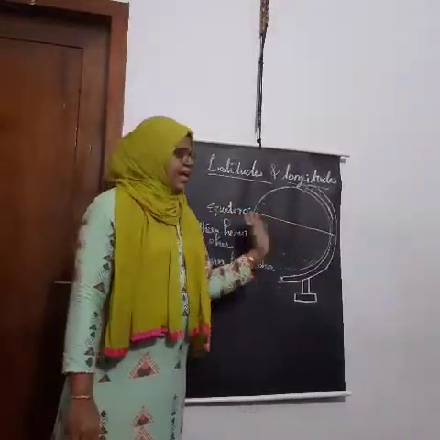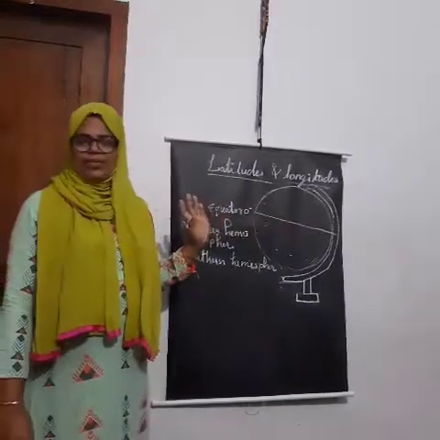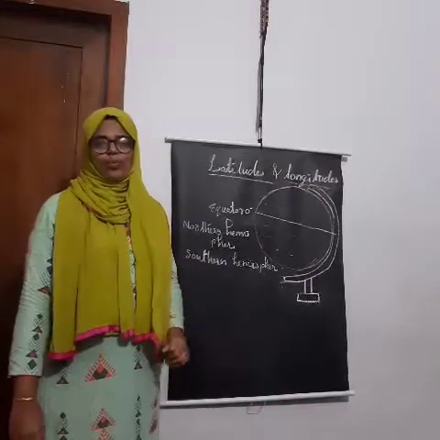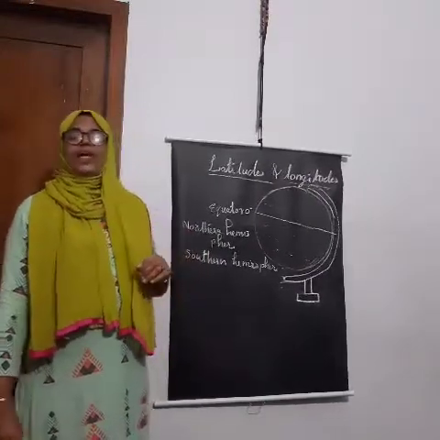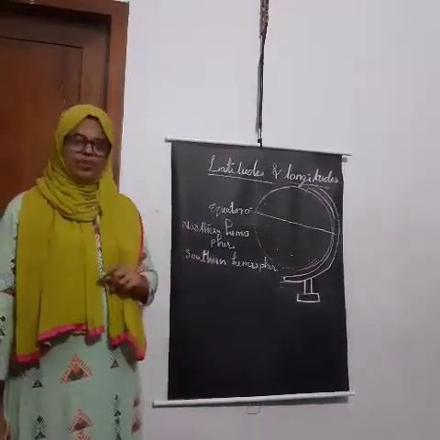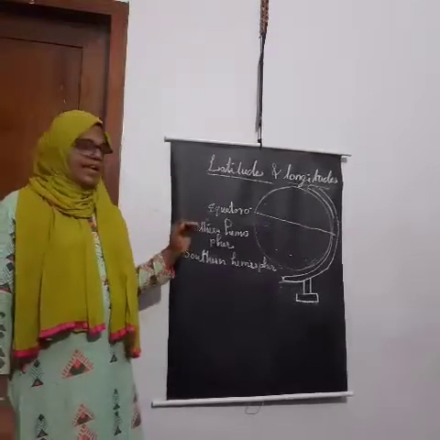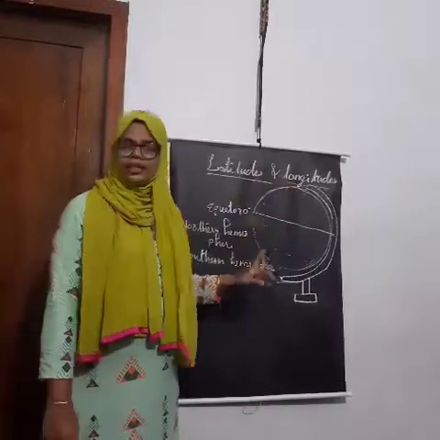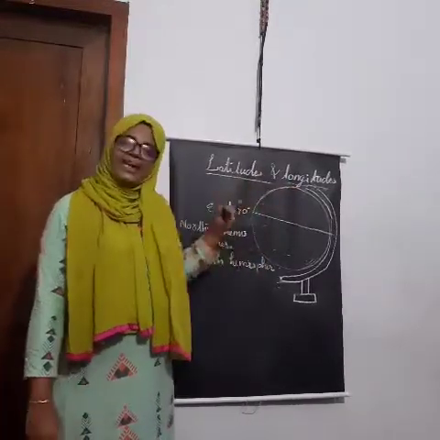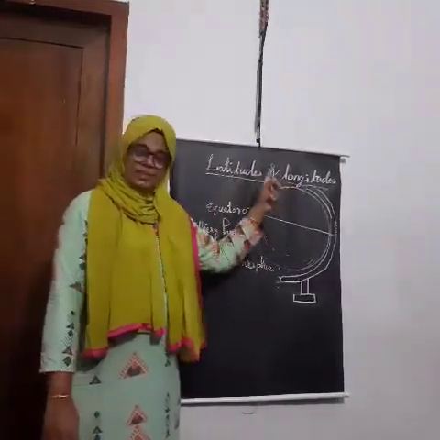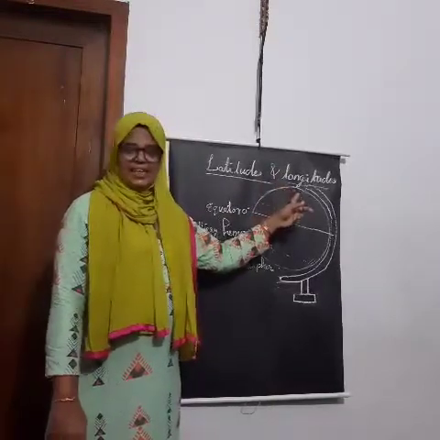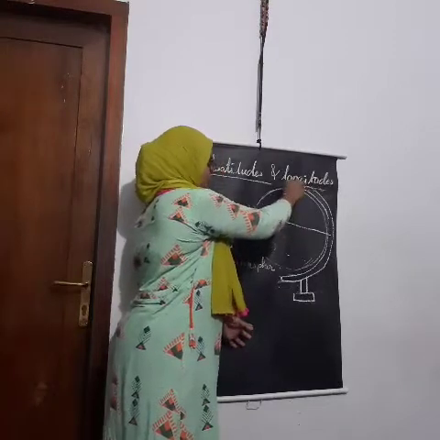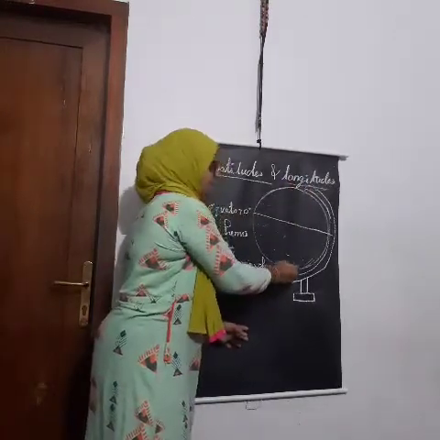And again, like these parallels of latitude, there are vertical longitudes also. So we can start with the central longitude. You know, the central longitudes are actually touching the two polar regions, two polar ends. Here in the northern part there is the north pole, and in the southern part there is the south pole.